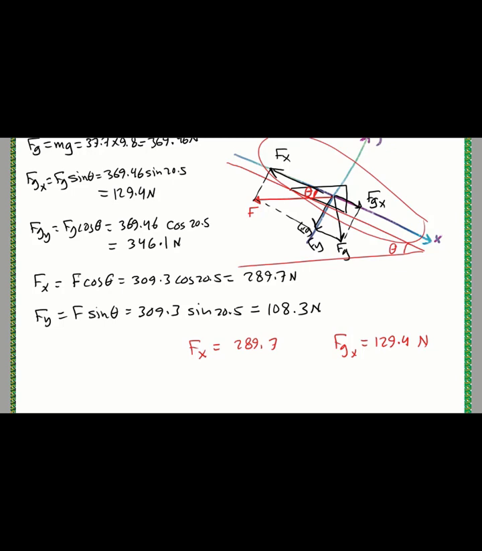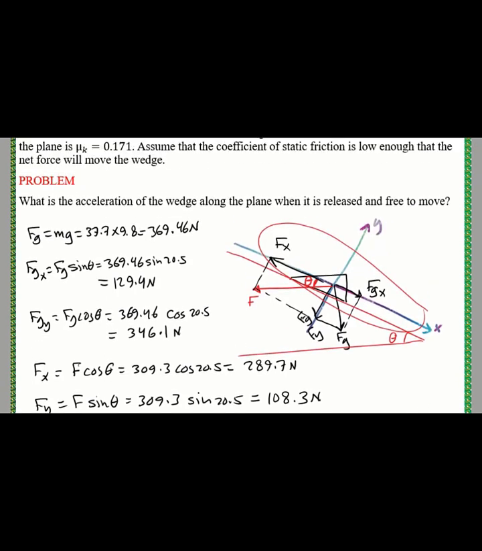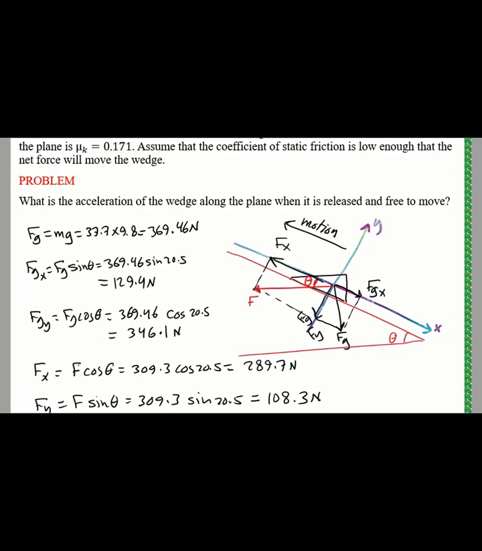We see that Fx is greater than Fgx, so the motion is toward the top of the incline. So here is the motion. Hence, the friction will be in this direction. So this helps us find the friction force, whether it is up or down.